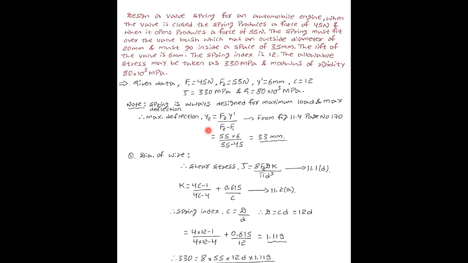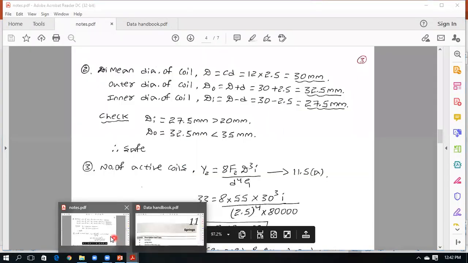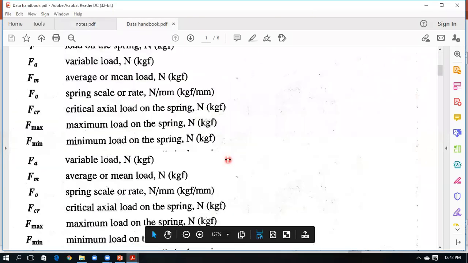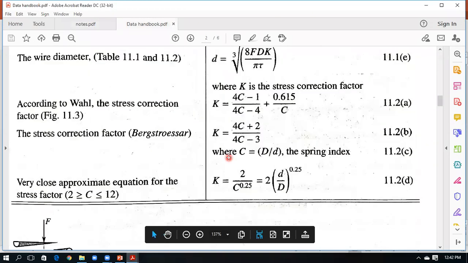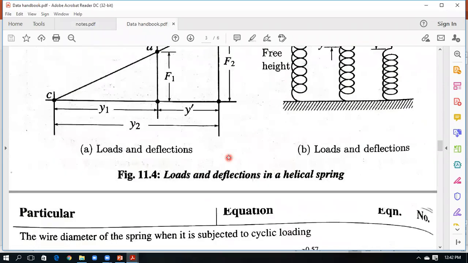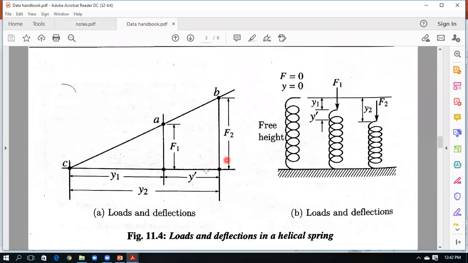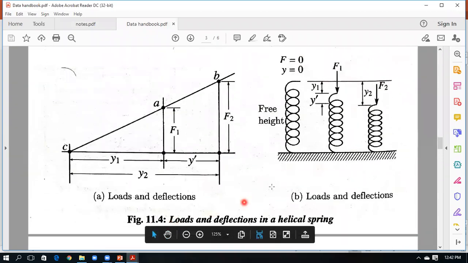How to calculate the maximum deflection? If you see the data in figure 11.4, they have given this formula. I will show you. Here you can see this is figure 11.4.